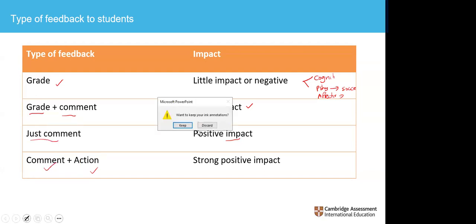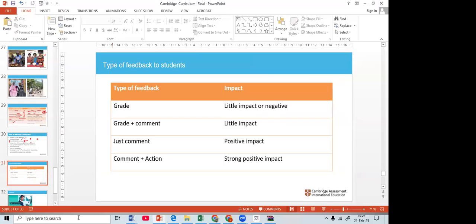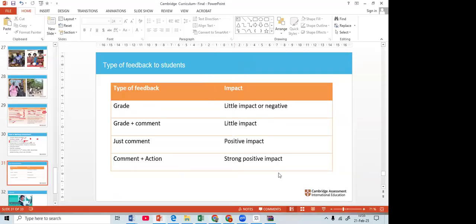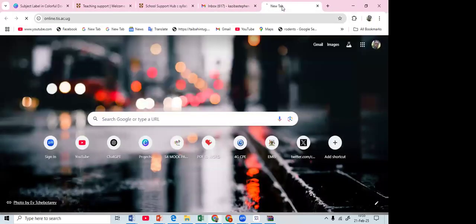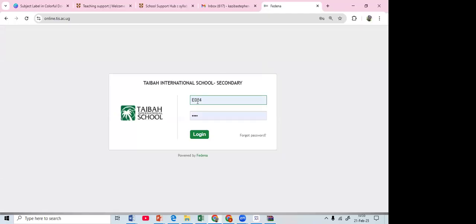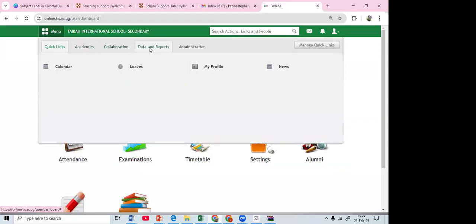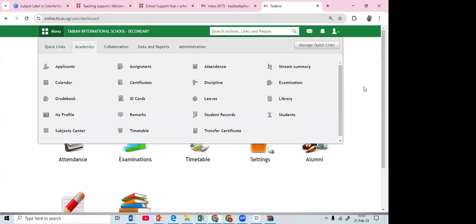Maybe I will share with you a sample. I don't know whether I have a report, but allow me, I think I can check. I can check here and maybe share with you how you can do your reporting, how people are doing the reporting, or how we are going to be reporting after giving an assessment.